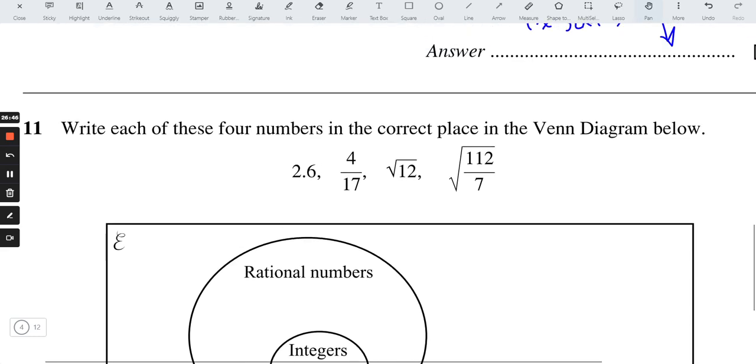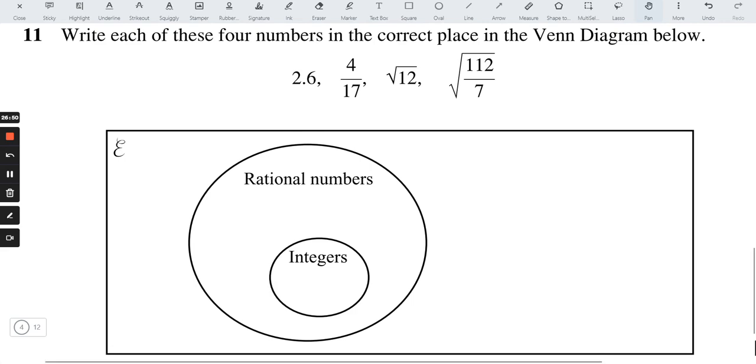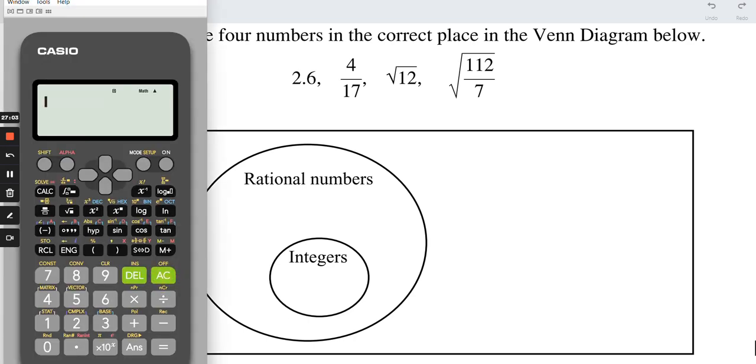So write each of these 4 numbers in the correct place in the Venn diagram below. First of all, integers, that means they are not decimals, not fractions. So we should try to find the square root of 112 divided by 7, which is equal to 4.